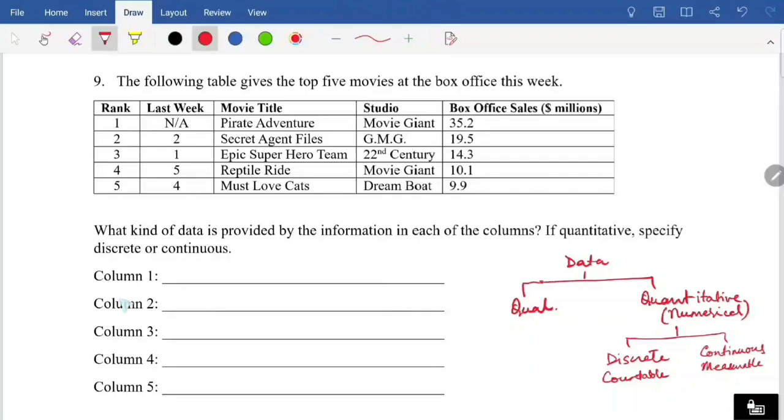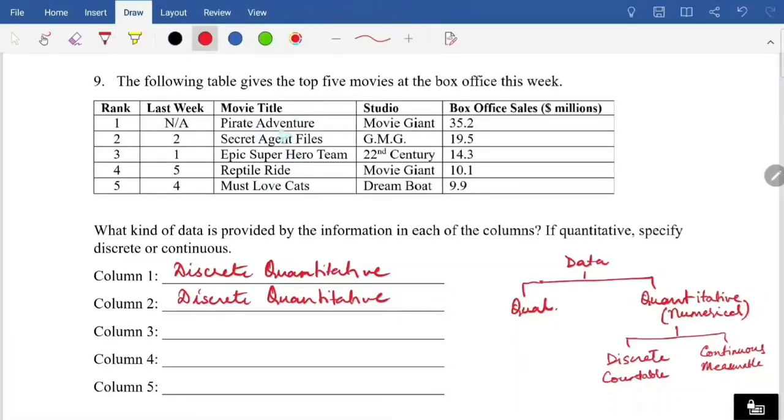So it's discrete, quantitative. It's numerical data, but it is discrete. Last week's is also discrete, quantitative. It's not decimal, it's not measurable, it's countable.